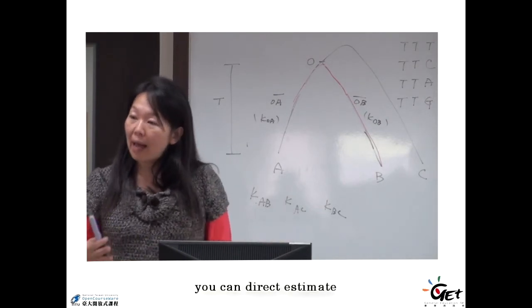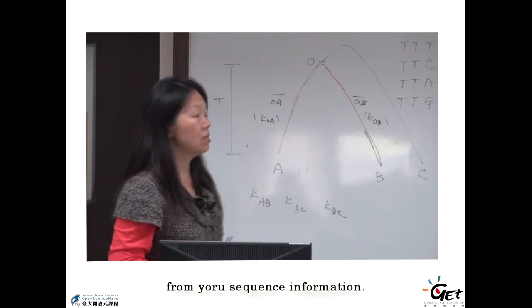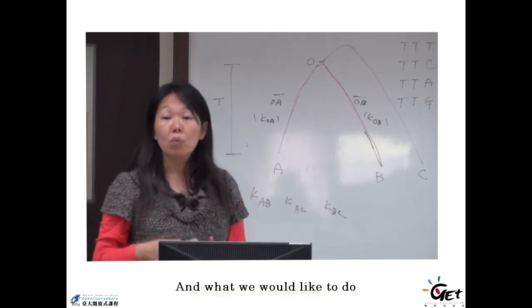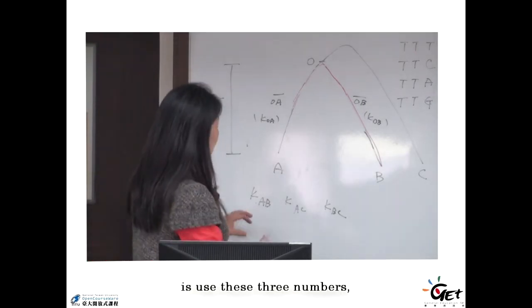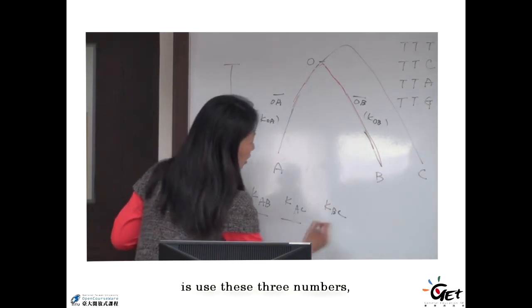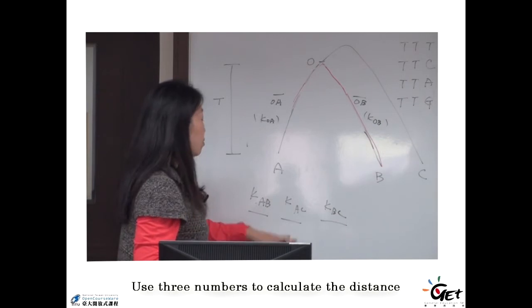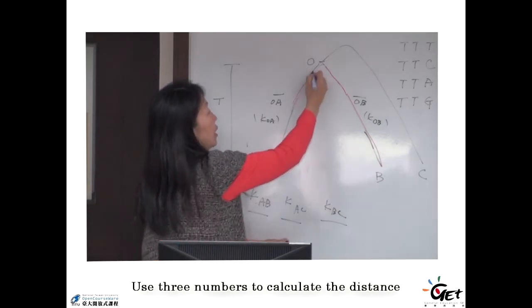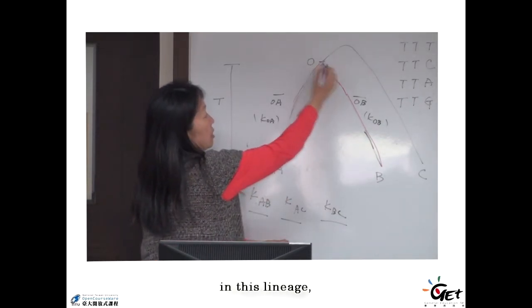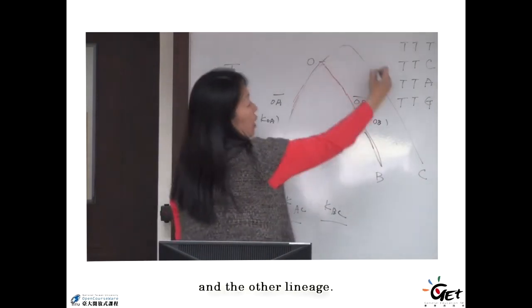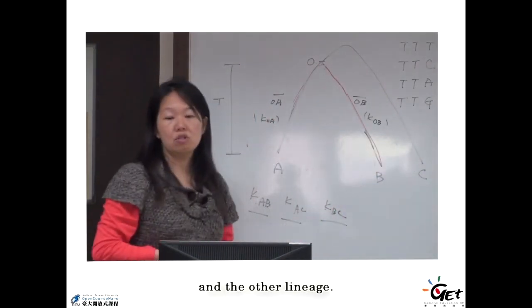What we would like to do is use these three numbers, these three different distances, to calculate the distance in this lineage and in the other lineage.